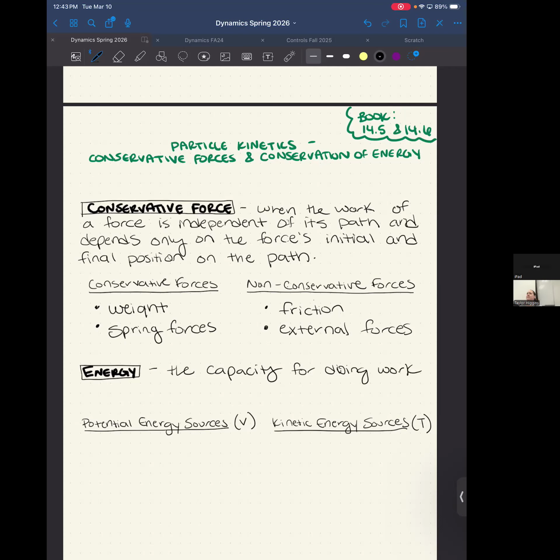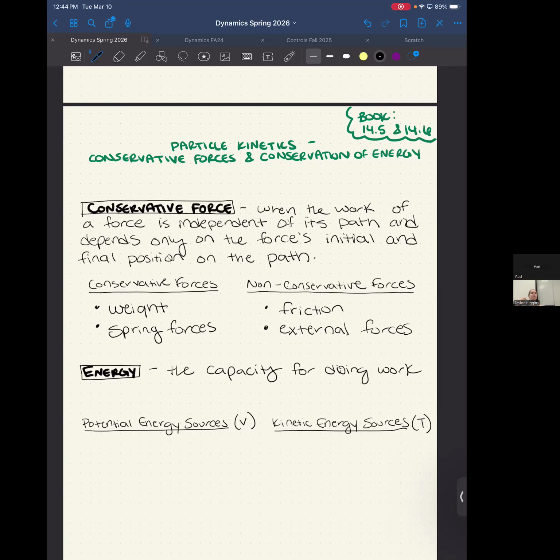And there are many types of energy that you've probably heard of since maybe elementary school. Can you name some types of energy? Kinetic, beautiful. Potential, okay. What are some examples of potential energy?